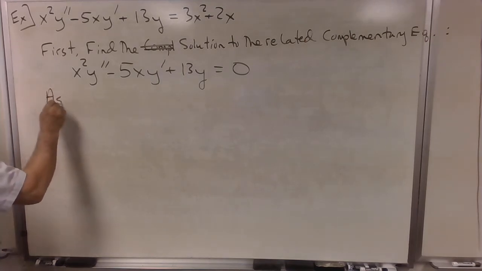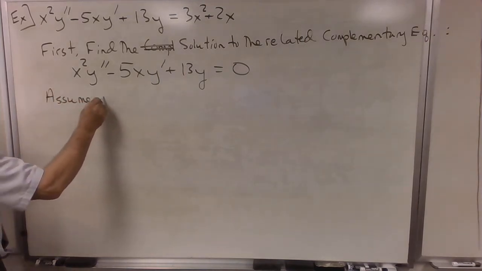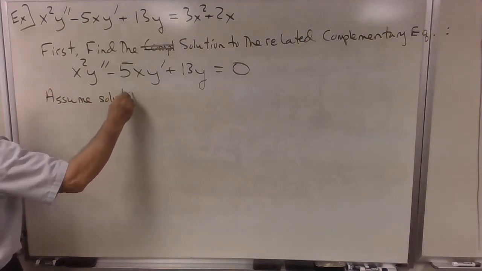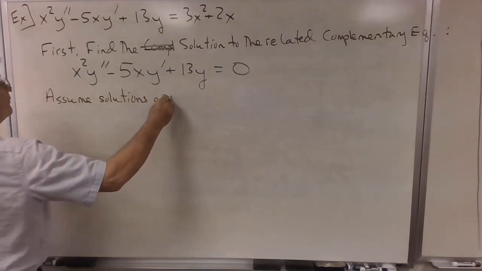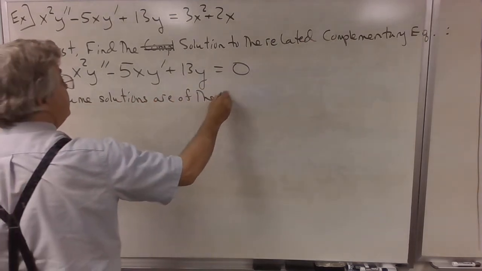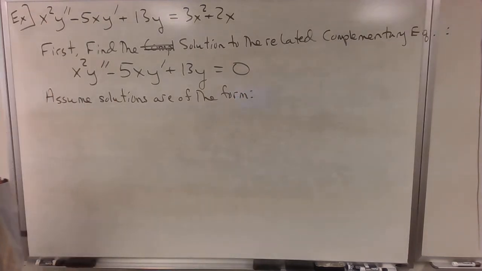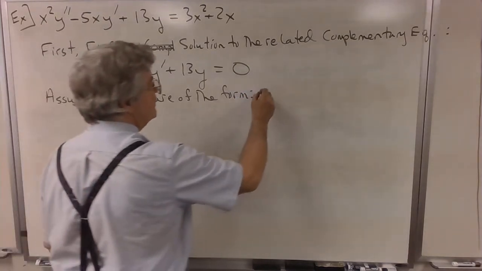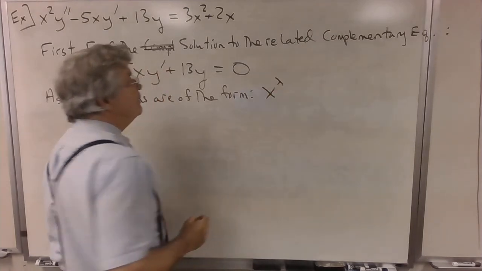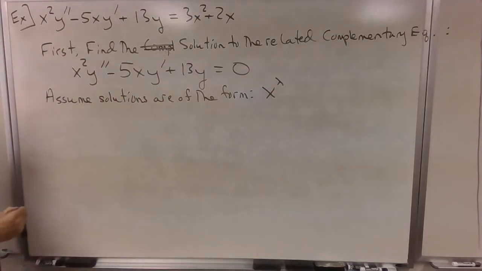And we assume the solutions are of the form x to the lambda. For an Euler equation, that's the trick.